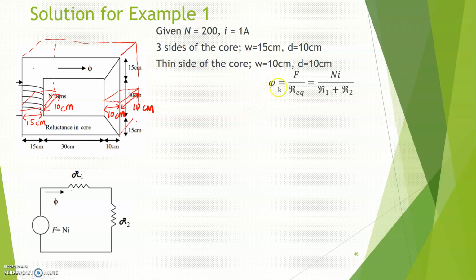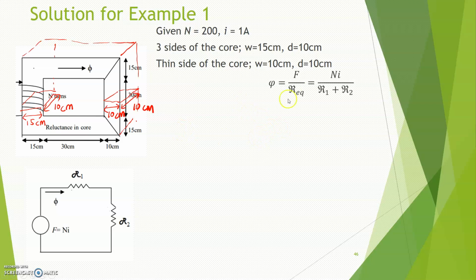By applying Ohm's law, I equals V divided by R. In this case, I is the flux, V is the magnetomotive force F, and R is the equivalent reluctance. F equals N multiplied by I, and the equivalent reluctance equals reluctance 1 plus reluctance 2 because they are in series.